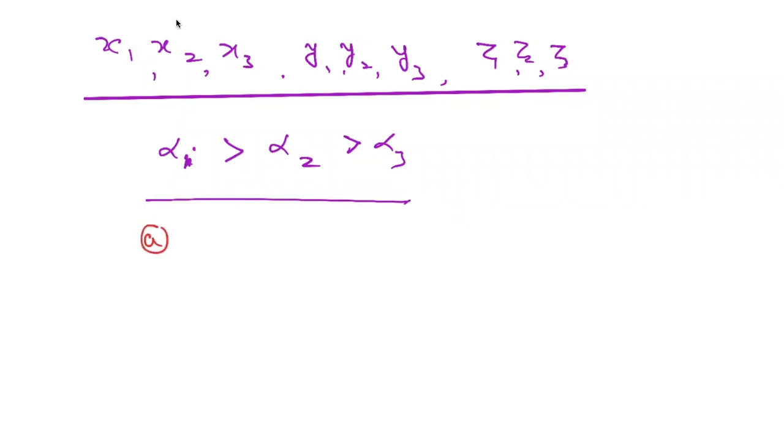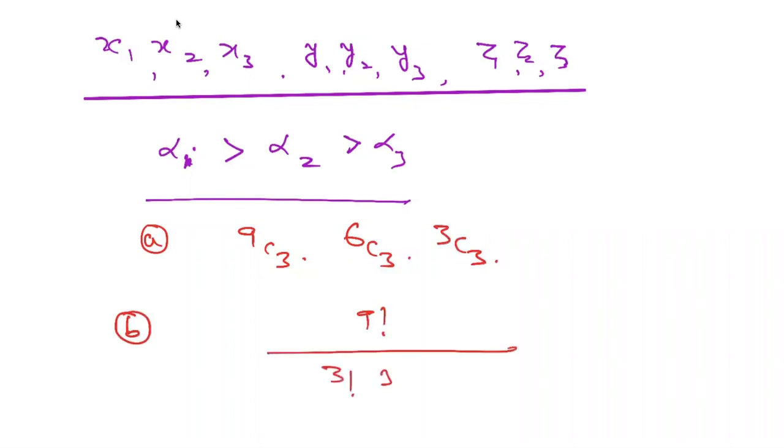First way, the answer is 9C3, 6C3, 3C3. Or second way, this is factorial 9 by factorial 3, factorial 3, factorial 3. Both ways, you'll get the answer for this.